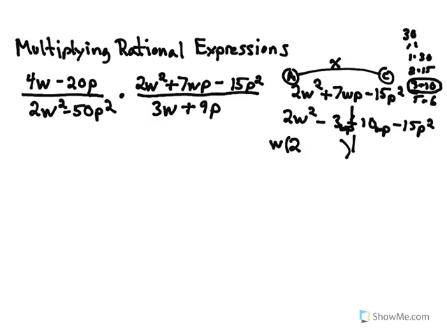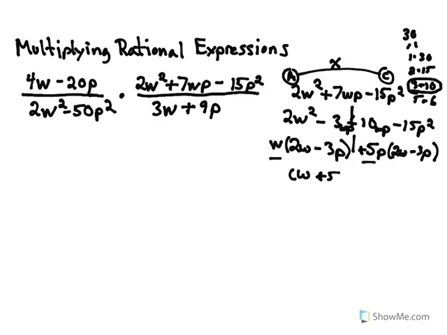And then we're going to get 2W minus 3P. And then the GCF on the right would be a 5, and P would be common in both of those. So again, that's going to give me 2W minus 3P. And this and this go in their own set of parentheses.